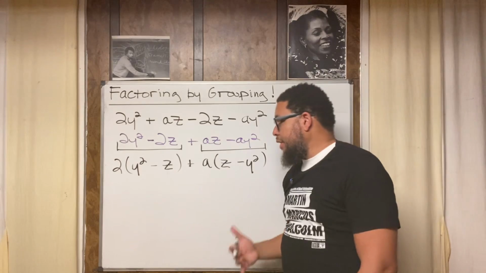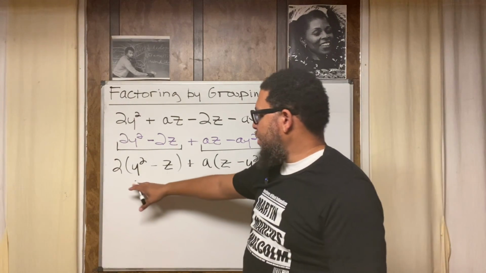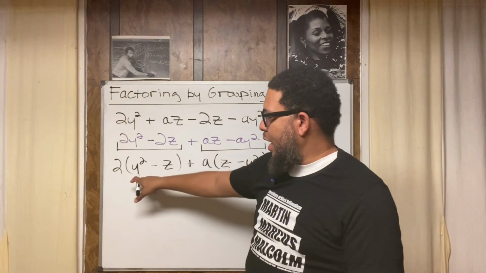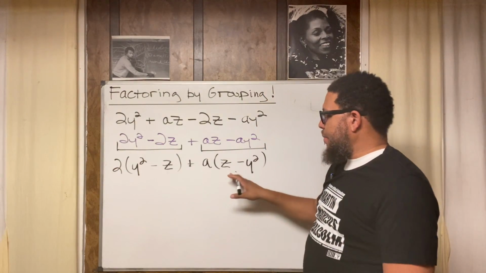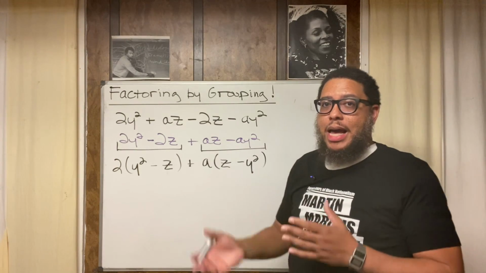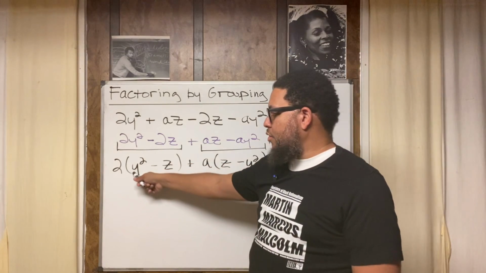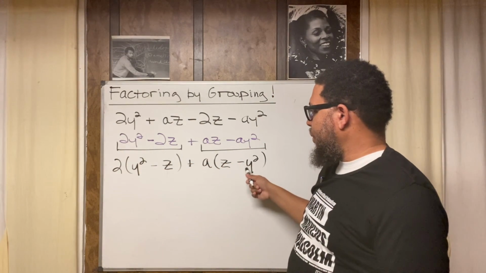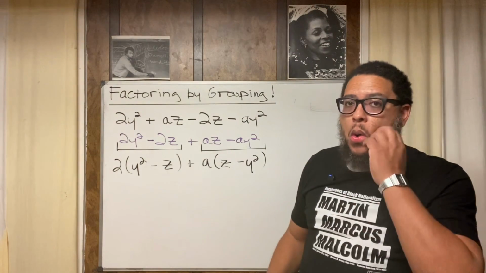Now, this is something else you got to look out for when you see problems like this. Peep what's inside the parentheses. I got y squared minus z in this binomial, but then I got z minus y squared in this binomial. I got the same terms, but they got opposite signs. This has a positive y squared. This has a negative y squared. This has a negative z, but this has a positive z.